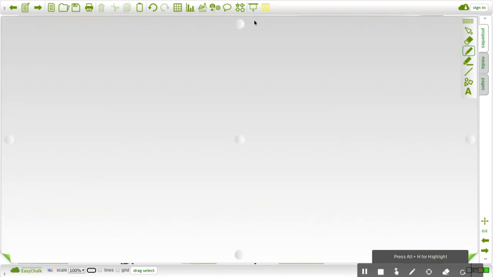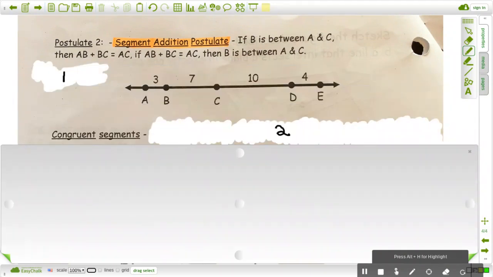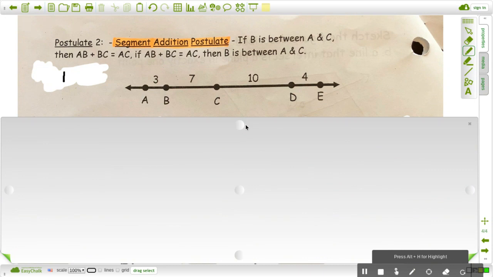Now let's move on. Now, there's a second postulate we're going to learn. It's called the segment addition postulate. So what this is, it's kind of really simple. It means if 3 plus 7 is equal to 10, so AB plus BC is equal to AC.